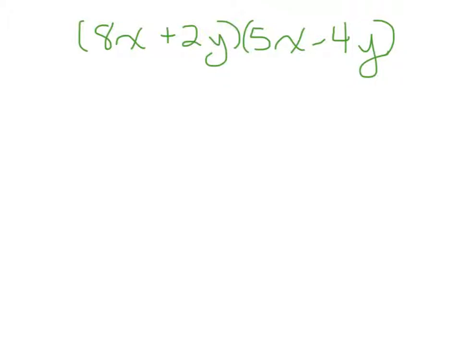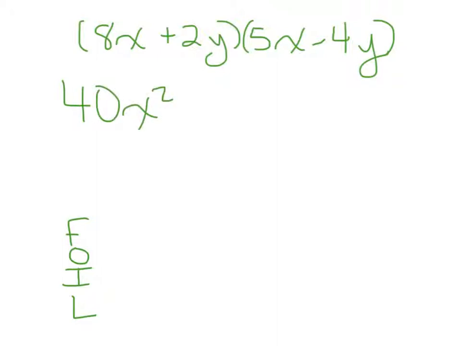Okay, again, notice we have a binomial immediately joined next to a binomial. So we know that we're going to multiply them. So we want to use, again, FOIL. So our first terms are the 8x and the 5x. So if we multiply those together, we get 40x squared.